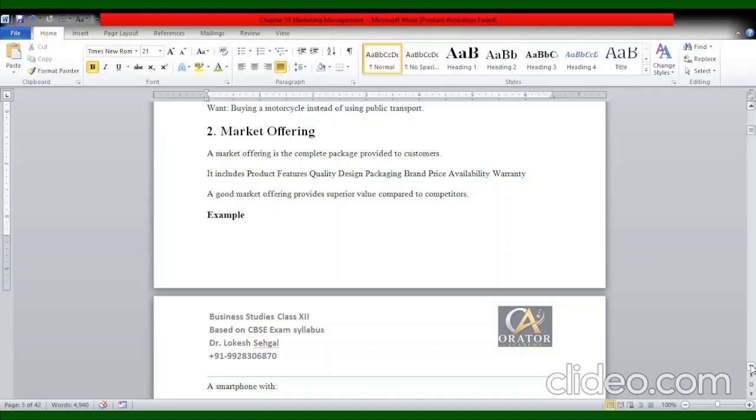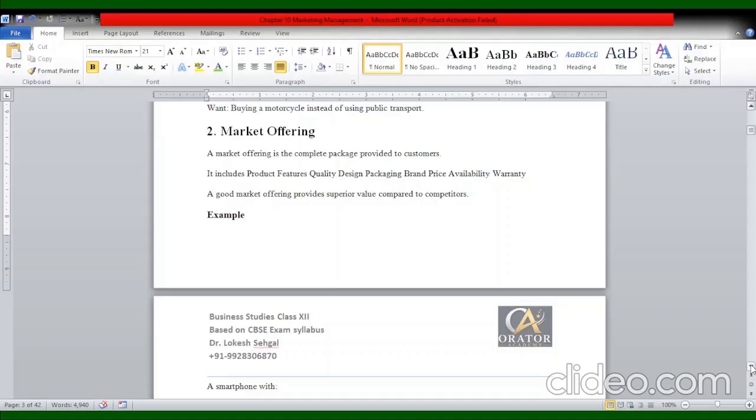Suppose you purchase an AC, and the AC is the product; it is a 3 star or 5 star, which is a kind of feature. Quality might be appropriate based on energy saving. Its design is different.